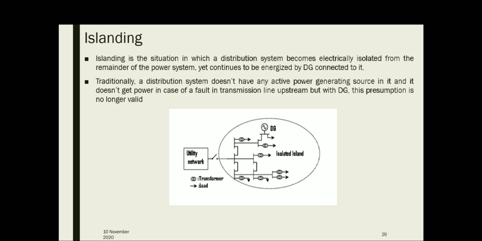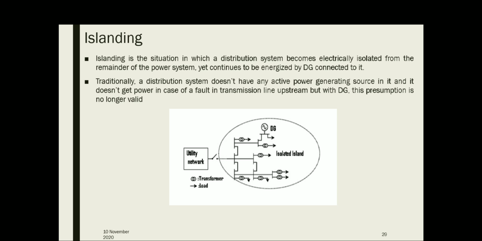The main distribution system, the utility part, is disconnected from the main grid, but still the system is energized with power from the micro sources of the DG. And anti-islanding is the microgrid disconnecting from the main grid after a fault occurs, and the microgrid continues to operate in a standalone mode. That is anti-islanding.